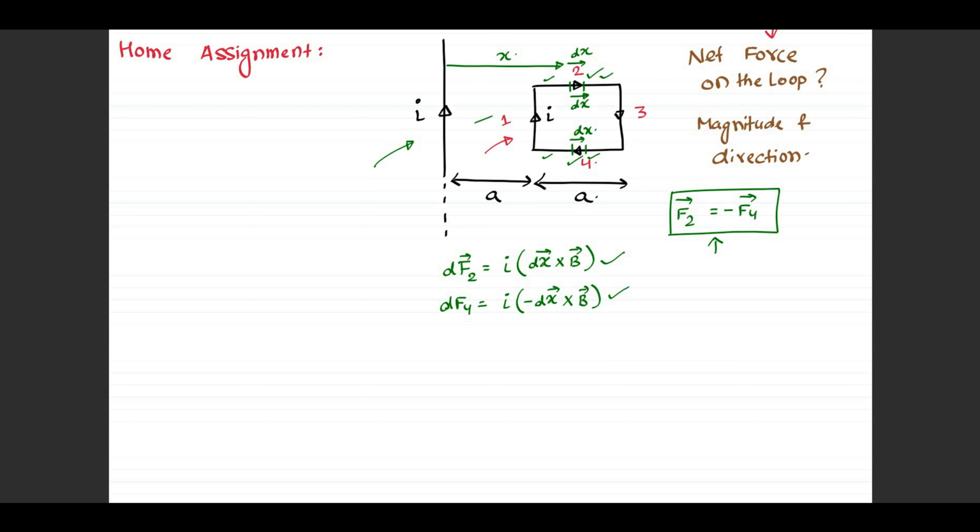Let us talk for wire 1. Field at the location of 1 will be, and it is into the plane.